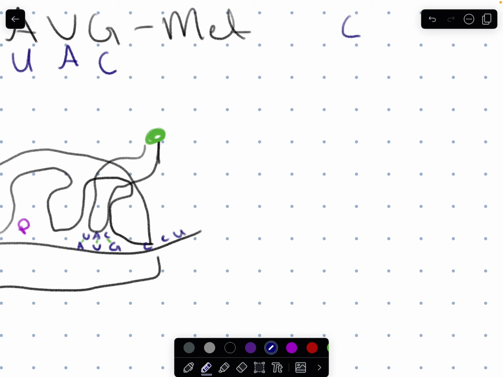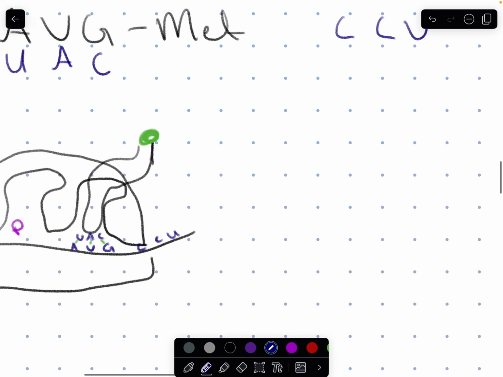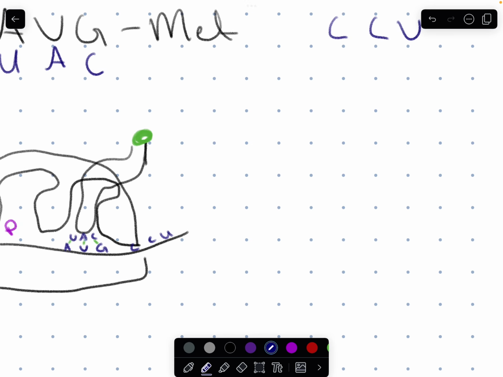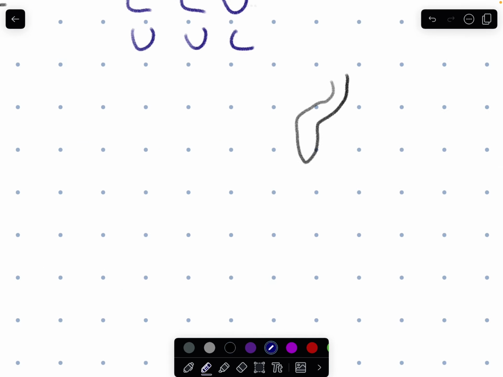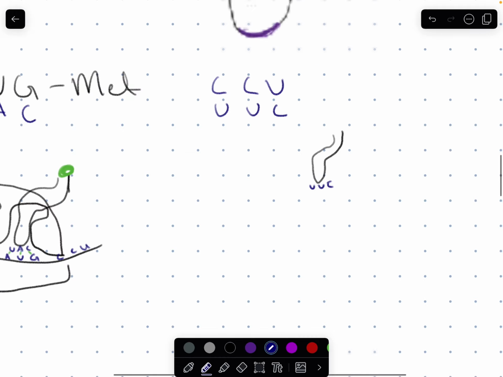So if we have CCU on our mRNA, our anticodon for that is going to be UUC. And so let's say we have another little tRNA, and it's got our anticodon, U, U, and C, and that is going to be proline. So you know, a little red one there.